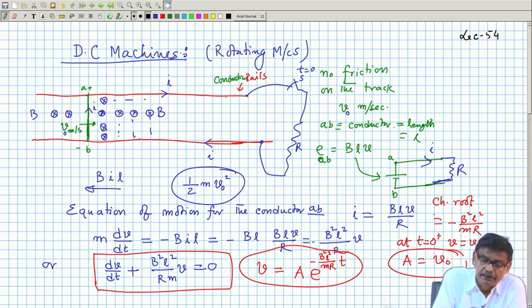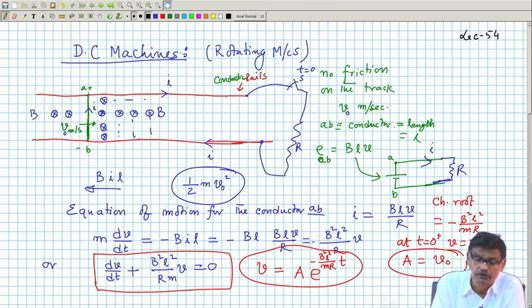Now, let us imagine that no external agency is pushing this conductor from left to right, because it was not necessary even when S was opened, since it was moving over a frictionless path. So, in the absence of any external agency pushing it from left to right, we expect that it is delivering power to the resistance.